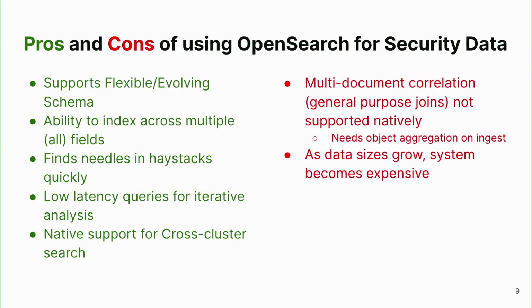That's not well supported, or actually, you cannot do that with the standard DSL that OpenSearch provides. And people have found ways to do this externally by writing joins outside of OpenSearch, or you need to ingest the data by denormalization, right? When you ingest the data, you essentially need to do the correlations and then ingest the object all at once.